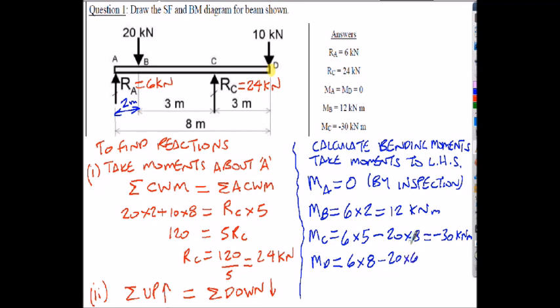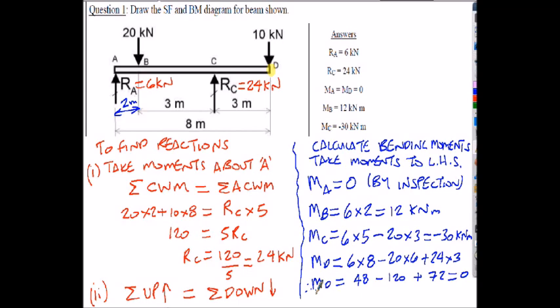And I also see, looking to the left of D, RC, which is 24, and that will be a positive 24, because that gives a positive bending moment, and that's multiplied by 3 meters. We'll do the calculations on that. That will be 48 minus 120 plus 72. So hopefully we're seeing 72, 80, yeah, that's equal to 0. And of course it should be, because for bending moments to the right of D, there's nothing there, so it should be 0. So it's like a little check for ourselves.